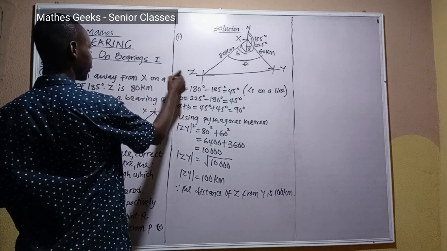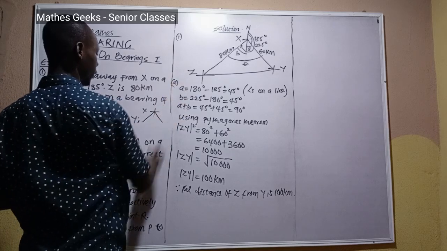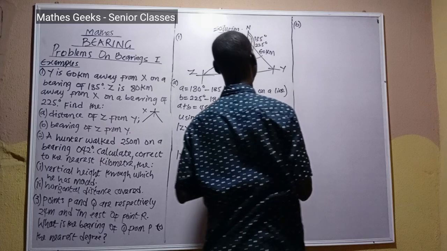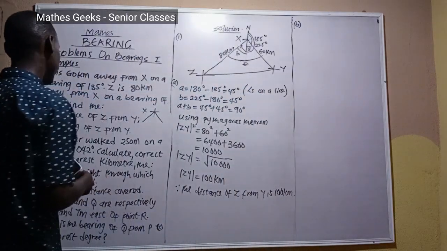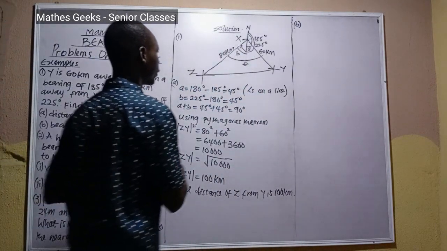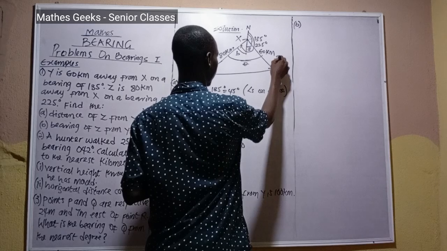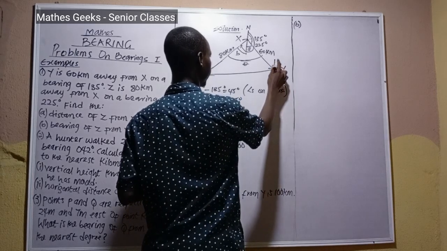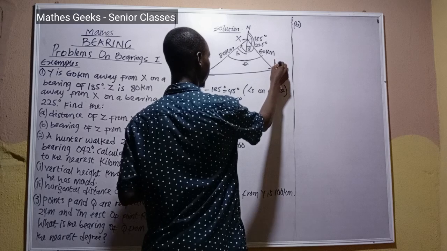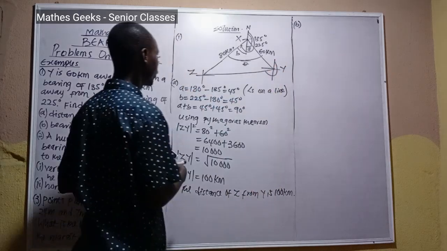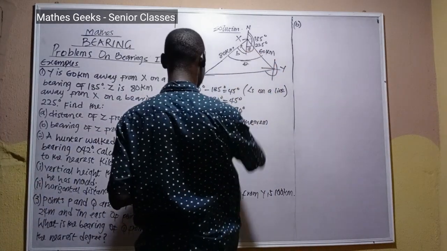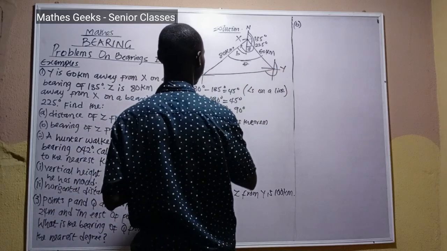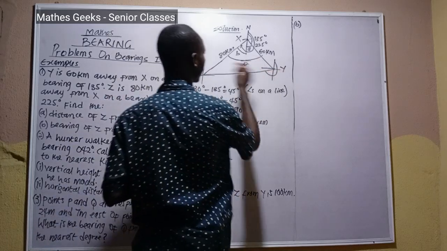So this is A. And B says the bearing of Z from Y. So we're going to calculate the bearing of Z from Y, from here to this line. For us to get the bearing of Z from Y, we need to know this angle.